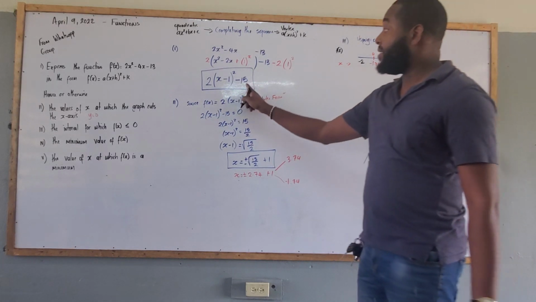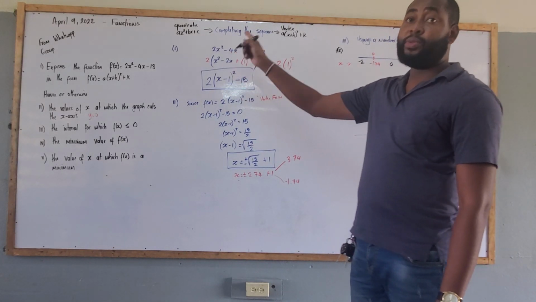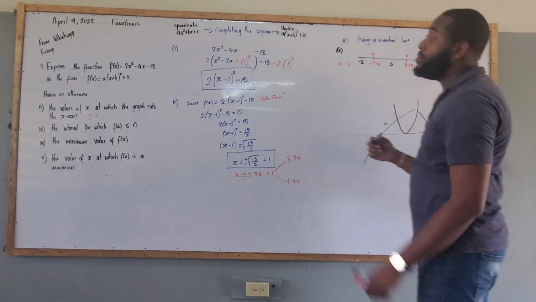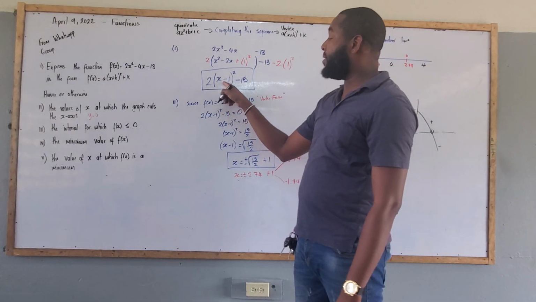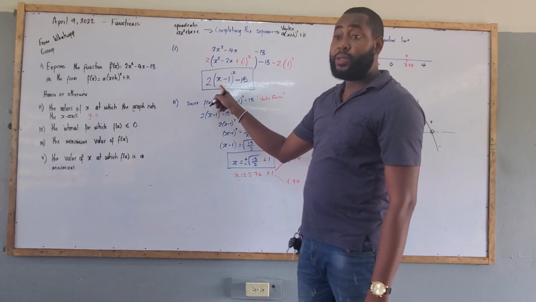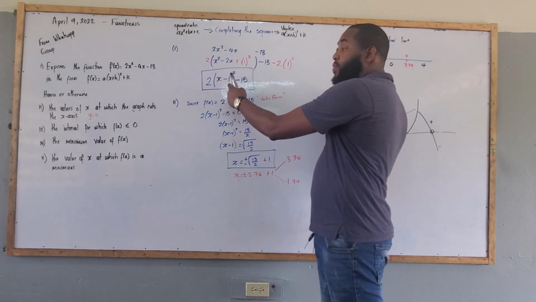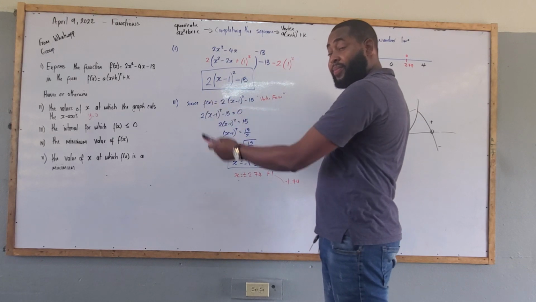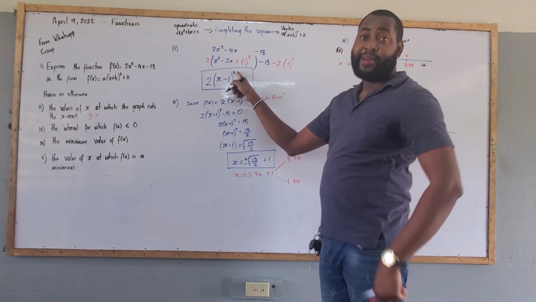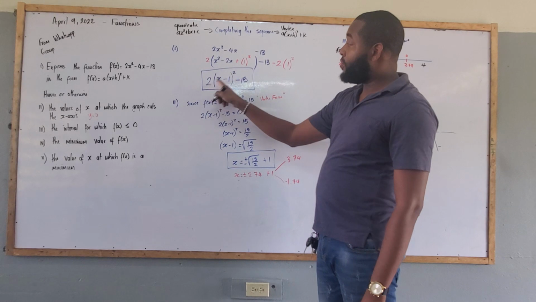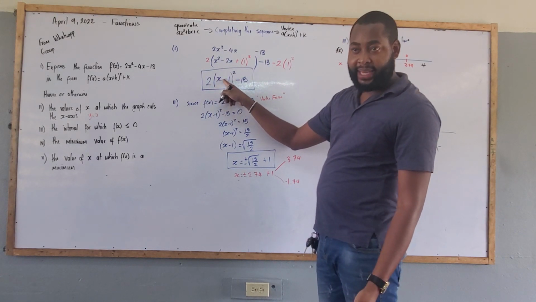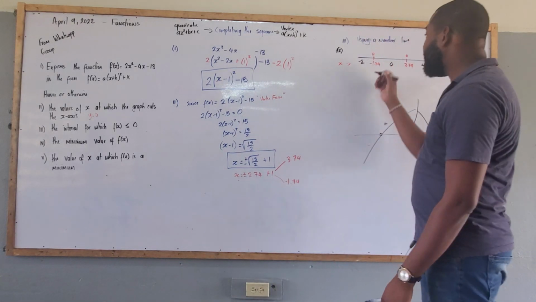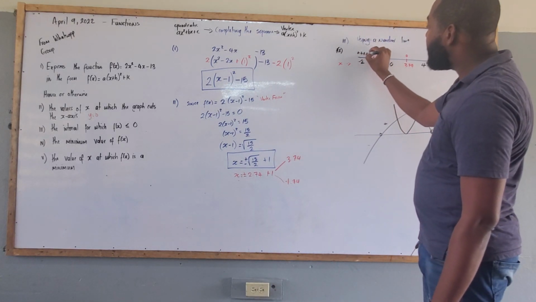When you want to put it into the function, you're just going to evaluate it. Negative 2, we're going to put it everywhere we see x. Negative 2 minus 1 is negative 3. Negative 3 squared is positive 9. Two 9s is 18. 18 minus 15 is positive 3. So this will be a positive number.